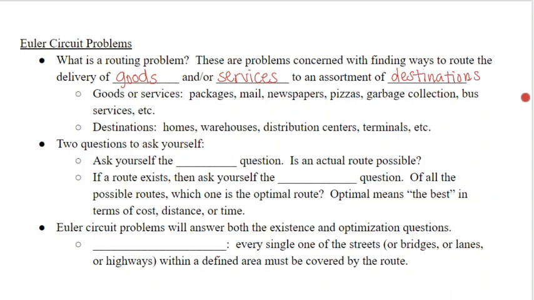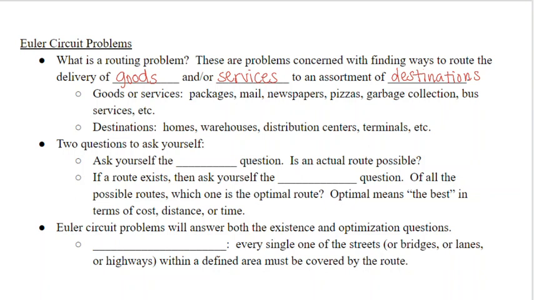This includes packages, mail, newspaper, pizzas, garbage collection, bus services, etc., and trying to find efficient routes for all of these. The destinations could be houses, warehouses, distribution centers, terminals, etc.